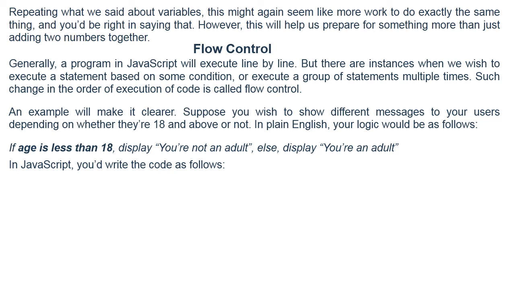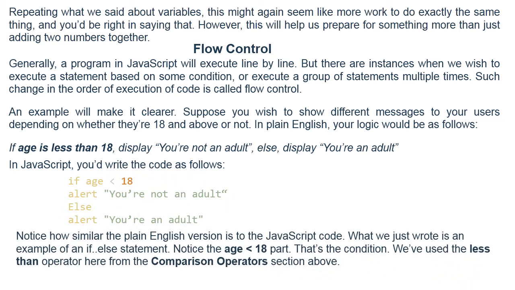In JavaScript, you would write the code as follows. If age is less than 18, alert 'you are not an adult', else alert 'you are an adult'. Notice how similar the plain English version is to the JavaScript code. What we just wrote is an example of an if-else statement. Notice the age less than 18 part. That's the condition.